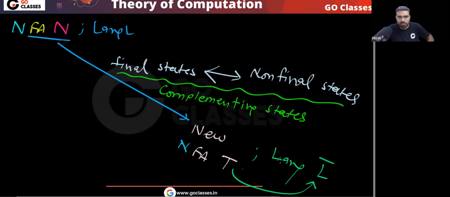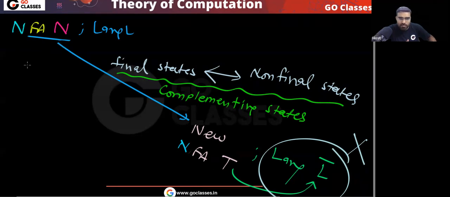This is wrong. This may or may not happen. So finally, if you complement the states in an NFA, then the language may or may not be the complement. Is this point clear? In any NFA, remember this.